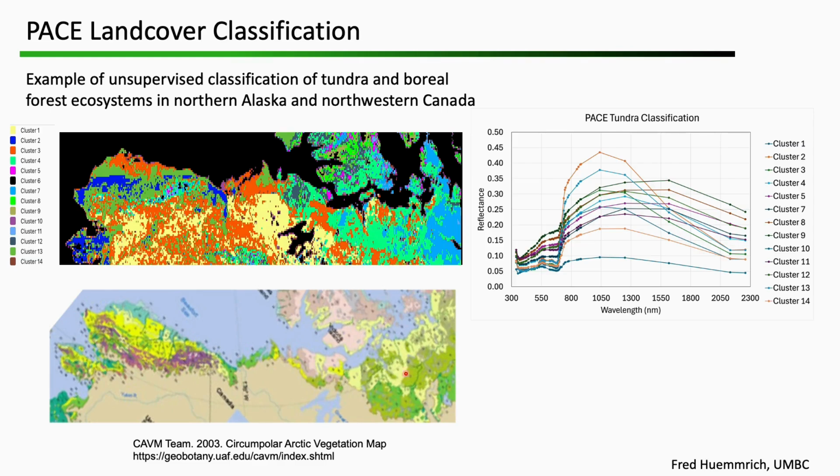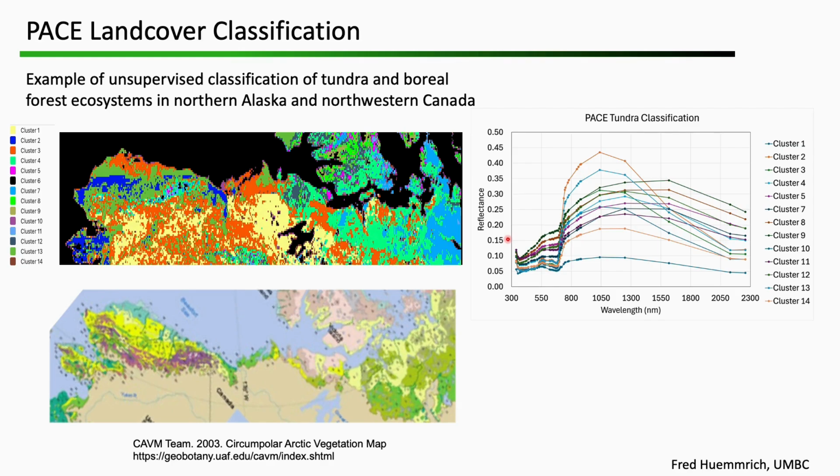And if you look at the spectral characteristics of the classes, one of the things I find interesting is that we see multiple classes, but the classes themselves break down into two types. There are the ones with these lower visible reflectances, and these really appear to be dominated by vascular plants such as graminoids and shrubs, and we're basically seeing variations in leaf area here.